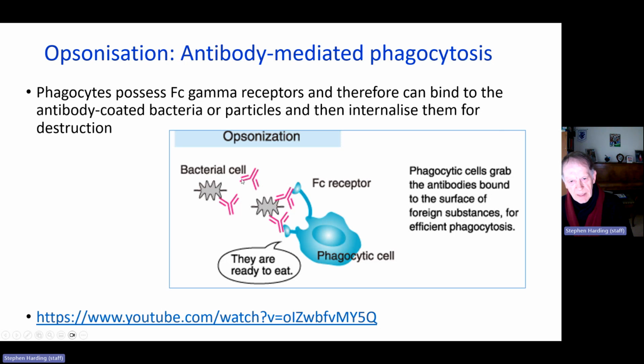So after the antibody has recognized the antigen on a bacterial cell or some other invader, then antibodies will gang up and complex with the invader via the Fab domains, and then the Fc domains will bind to the appropriate receptors on a phagocytic cell or whatever, and these will destroy the invader.